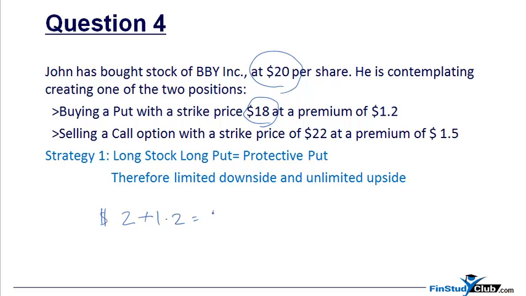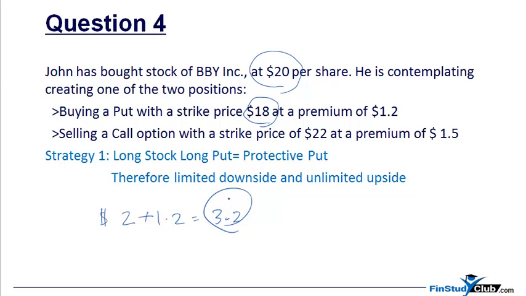So net his total maximum loss could be to the extent of $3.2. Alright, so the payoff, the negative payoff that this strategy would bring in would be minus $2 or $2, whichever way you would want to put it. So the negative payoff is going to be $2 and the net P&L maximum loss could be $3.2.